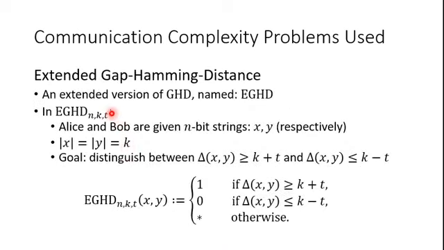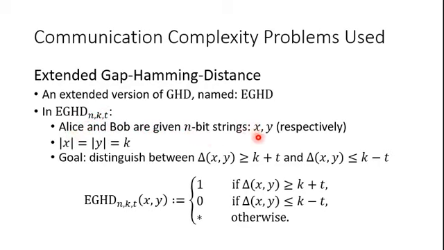So now we will be talking about the extended gap Hamming distance. This is another communication complexity problem whose lower bounds we will be using later. In this extended version, which we'll write eGHD, we have n and t as before, and we also have k. Alice and Bob are given n-bit strings.